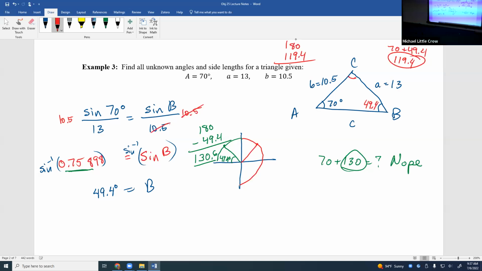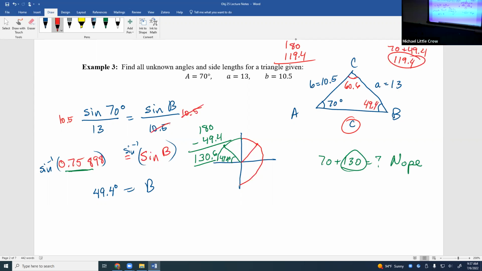That 120 makes it 60.6. And they may want you to round it to the nearest angle, whatever they want us to do. So we might list it as 61 and 49, whatever they want us to do, we do it. Okay. But I like to be as accurate as possible. So since these are the values we're getting, when we go to find C, I'm going to use 60.6.